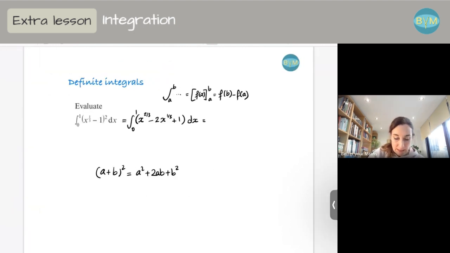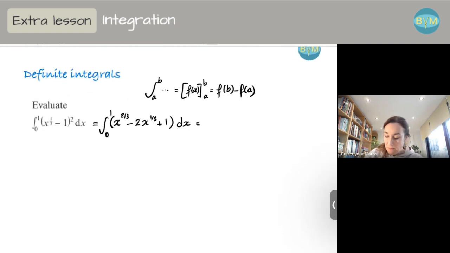So let me integrate. Who wants to help me with this question? Rex, can you help me with the question? What am I going to write?